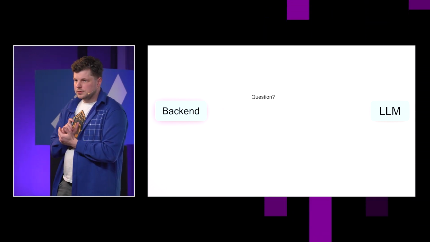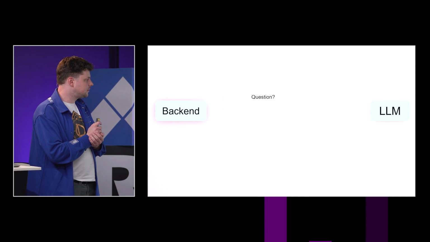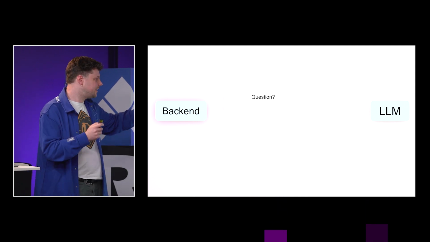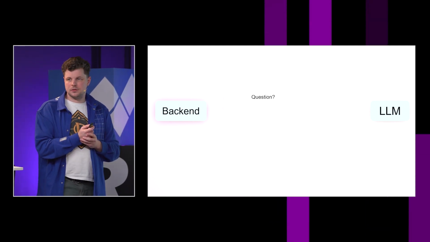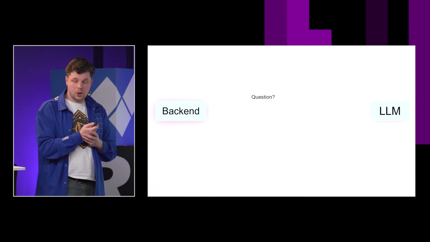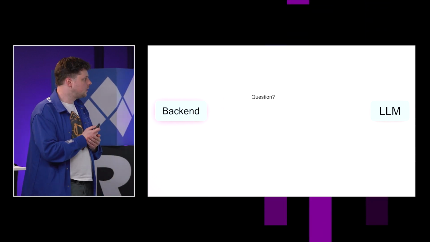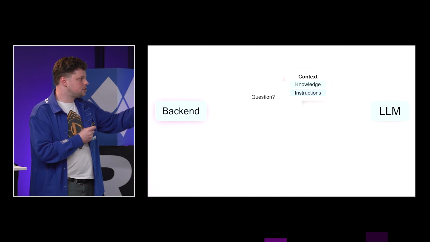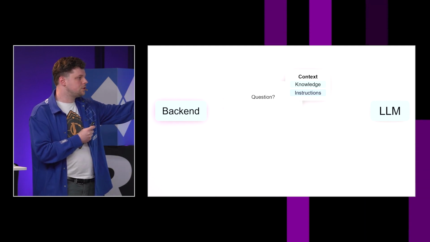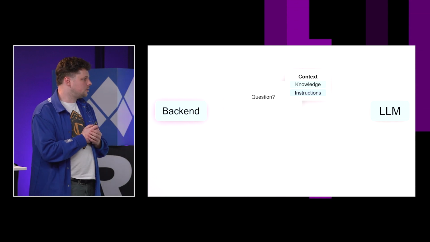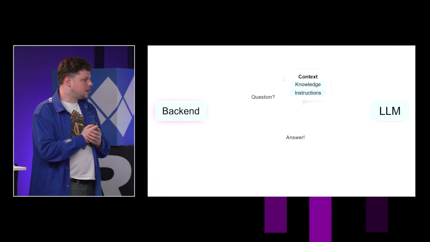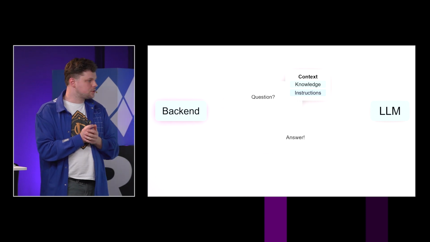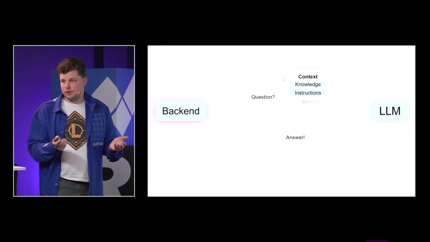In the simplest mode, the backend sends a request to LLM by creating a message. This message contains knowledge, instructions, and user's question. LLM, based on this information, generates an answer.